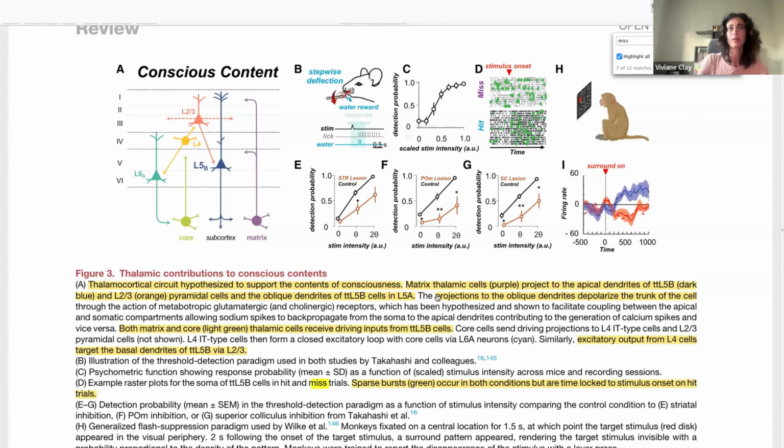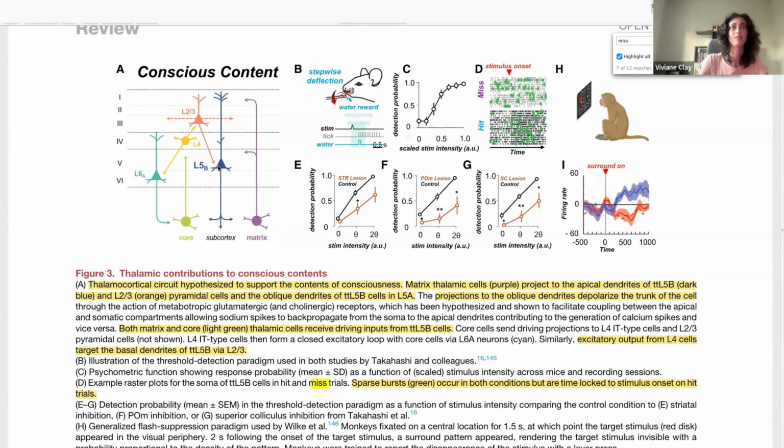Yeah, and then another thing they show is that the sensitivity to the stimulus intensity is lower when the thalamus is lesioned, or regions in the thalamus are lesioned. The way I was thinking of it was that the matrix cells project to the upper layers and provide the context signal and make it more likely for these cells to fire.